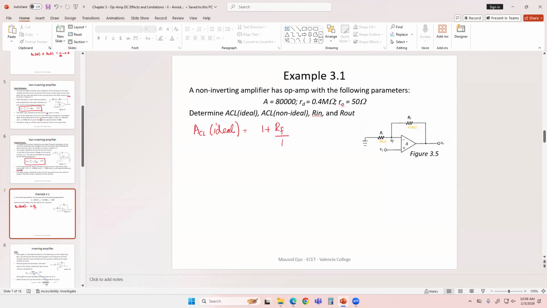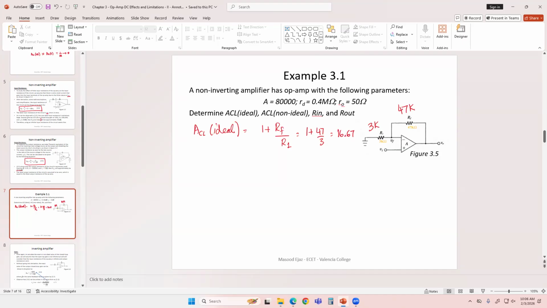This is RI or R1. So just let me write down, this is 3K and this is 47K. So 1 plus 47 over 3, let's see what is the result. 16.67 is the ideal or practical, I would say, value of the gain for this amplifier.